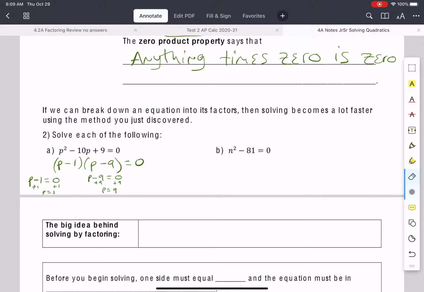Well, 8 times 0 is 0. So here's the whole point of this. If I'm going to solve by factoring, I just need to take each factor and find what makes it 0, and then the whole thing will be 0. So guess what my answers are? What does P equal?